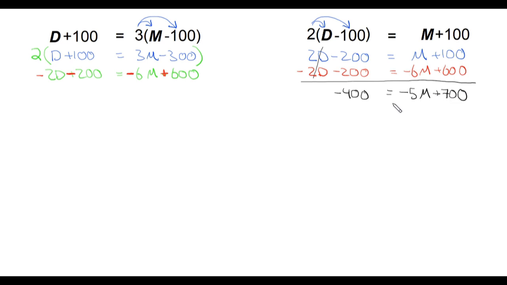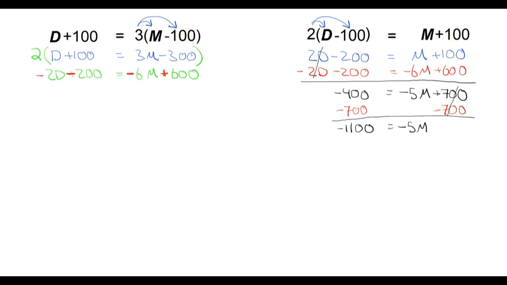Now, there's only one variable. So what I'm going to do is isolate that variable by subtracting 700 from both sides. These cancel. And on this side, I have only a negative 5m. Negative 400 minus 700 is negative 1100.